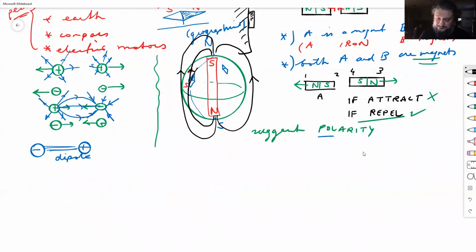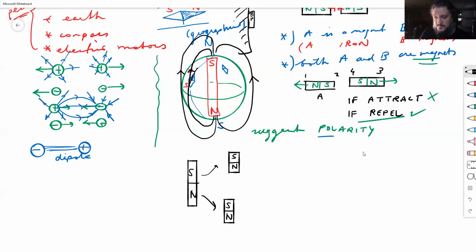It's impossible. If you take a magnet with south and north poles, and you break it into two pieces, you will observe quickly that each little magnet will have its own south and north poles.